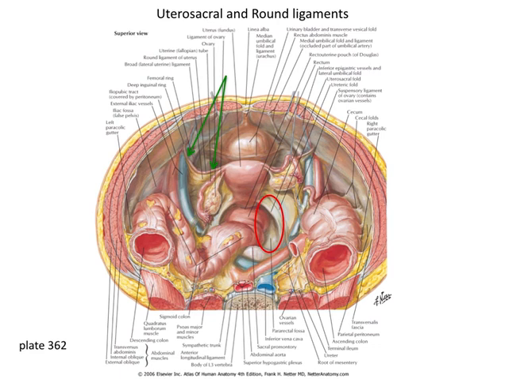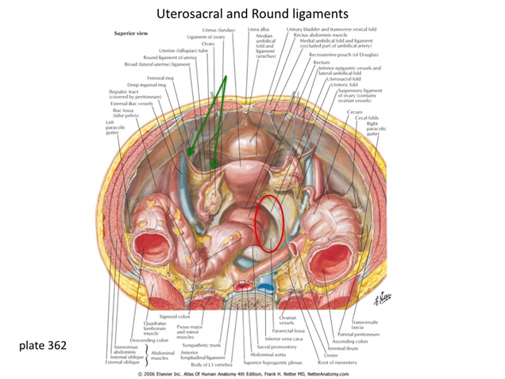All right. The green arrows are pointing to another ligament called the round ligament. The round ligament runs from the anterior part of the fundus of the uterus, and it's going to extend to the anterior abdominal wall, and it's actually going to enter into the inguinal canal and anchor itself within the inguinal canal.